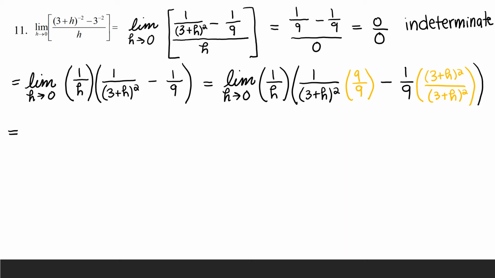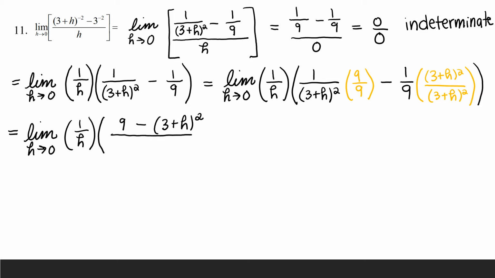So let's see, now we have the limit as h approaches 0 of, let's not forget our 1 over h, times, well, 1 times 9 is 9, and 1 times the quantity of 3 plus h squared is that 3 plus h squared.